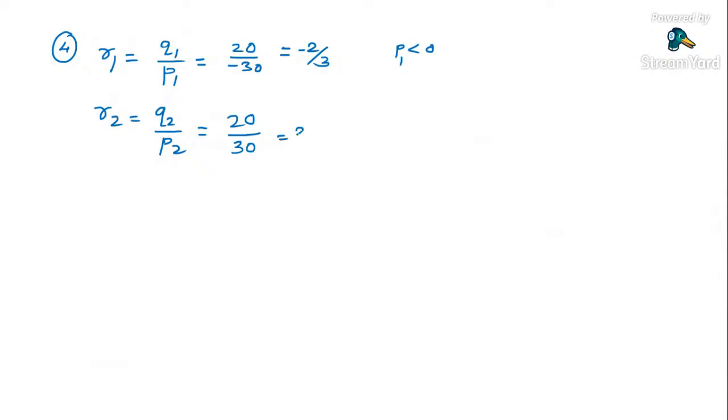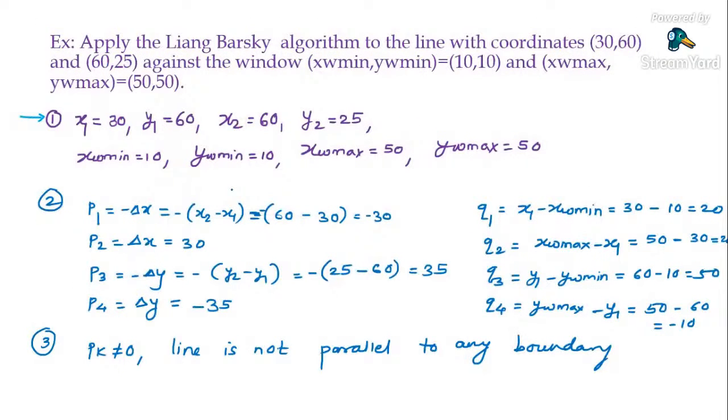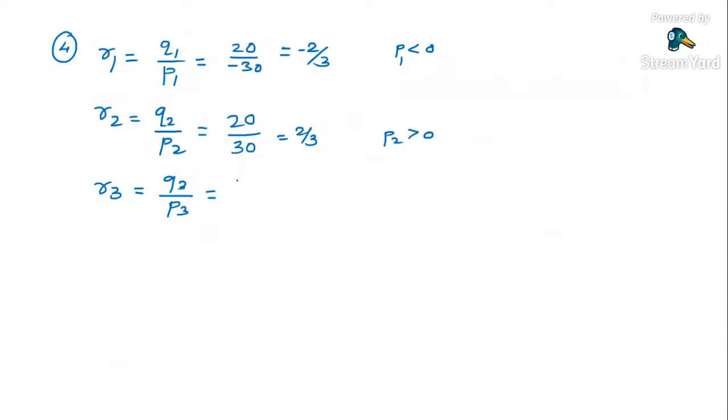So it is equal to 2 by 3, where p2 is greater than 0. Then go for r3, q3 upon p3. q3 value is 50 divided by 35. So 10 divided by 7, where p3 is greater than 0, correct?